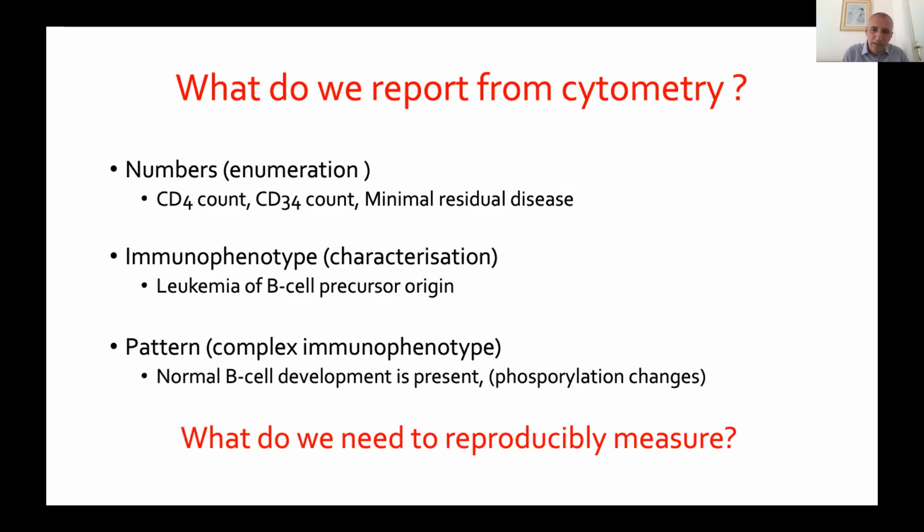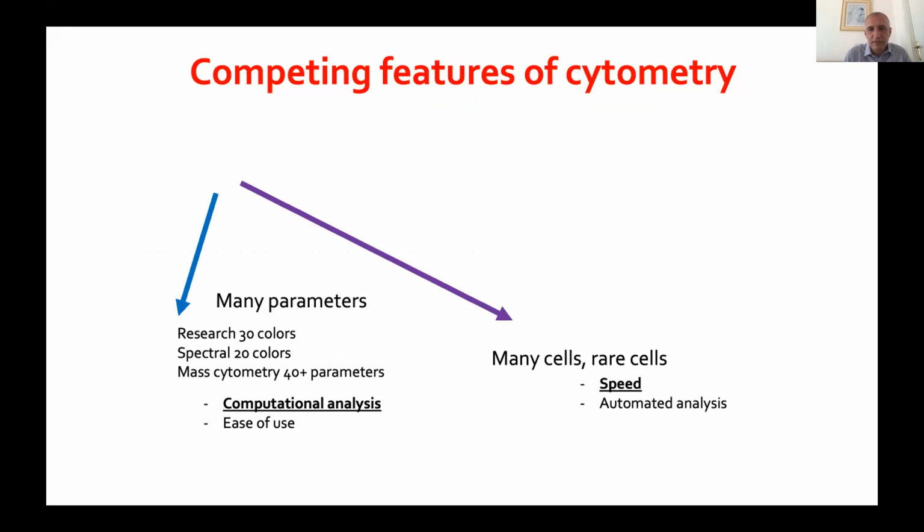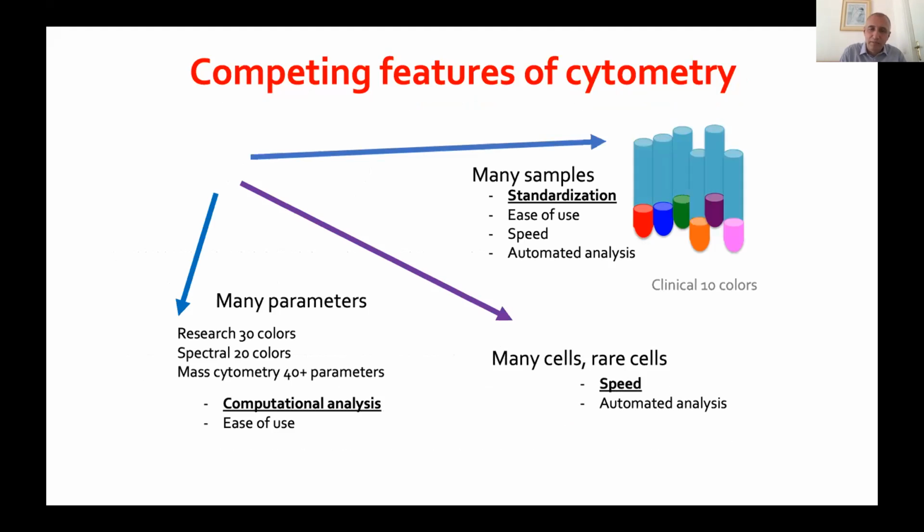So what do we actually need to measure reproducibly? There are competing features of these cytometry assays that I want to highlight here, so that we understand that not every assay has the same needs and requirements.